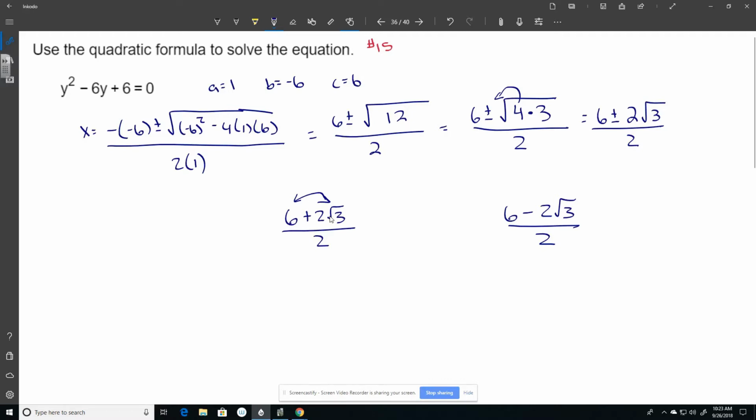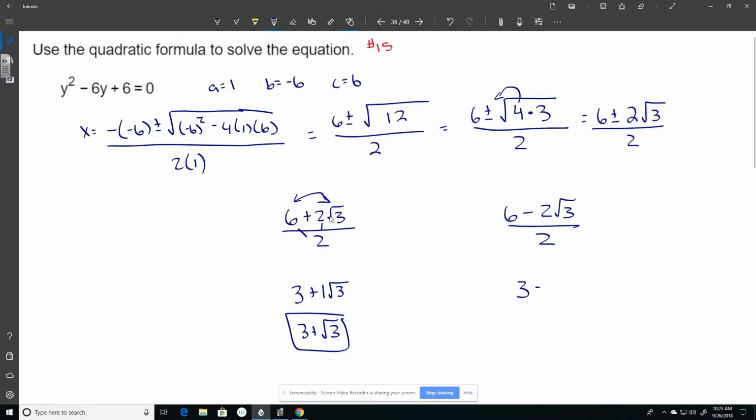What I can do, though, is 6 divides by 2 and 2 divides by 2. 6 divided by 2 is 3. 2 divided by 2 is 1 square root 3, which is just 3 plus the square root of 3, one of my answers. Over here, 6 divides by 2, and that's 3.